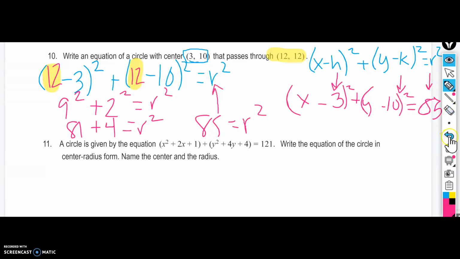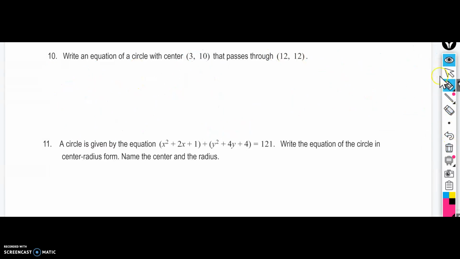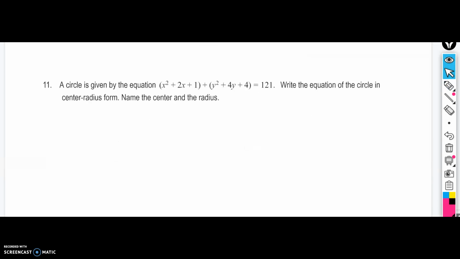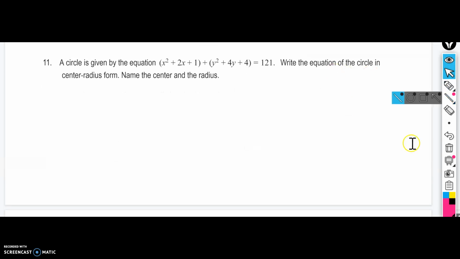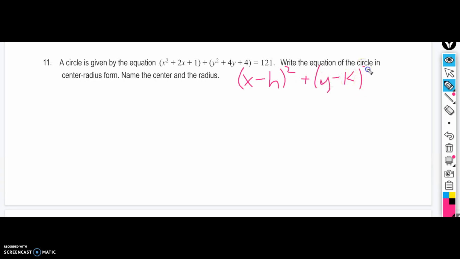Last, I'm going to scroll because I'm going to need some space for this. This is what we're really getting into tomorrow, but if you want to extend your thinking a little bit, this is really important. I have this equation. Now, remember that my form is x minus h squared plus y minus k squared equals r squared.